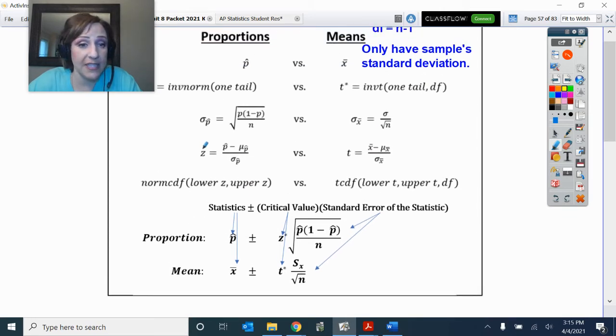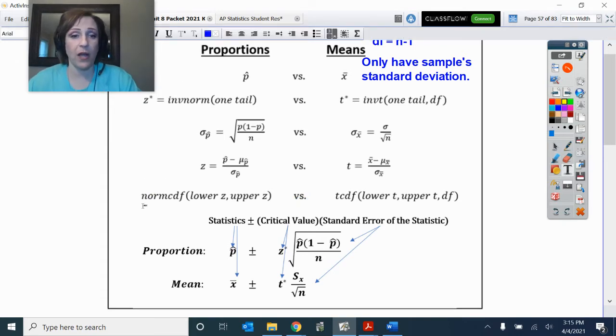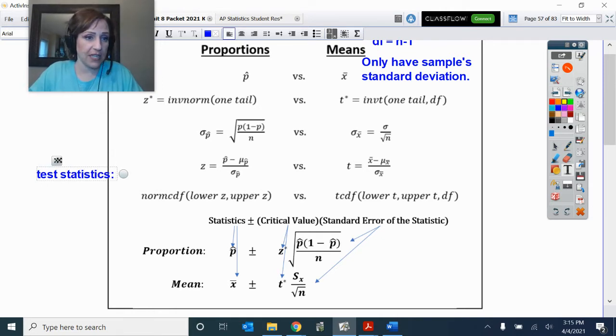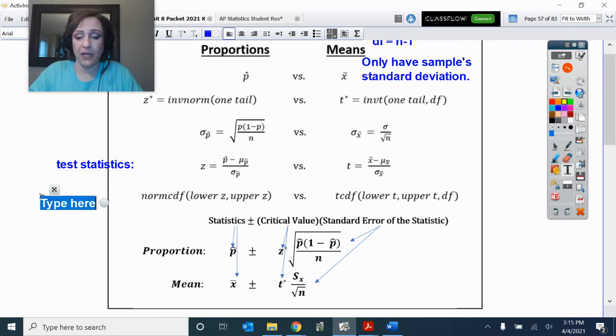Then once you get these test statistics, that z-score or that t-score, you norm CDF to get your p-value. So I can write these things in here. Your test statistic is your t-score or your z-score, and then you would get your p-value to get that area.